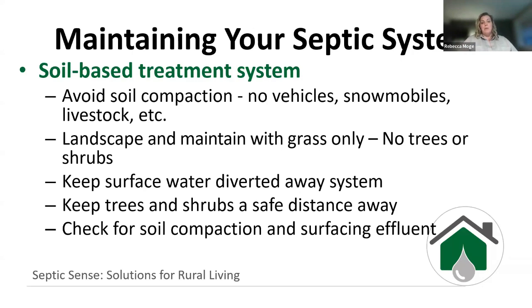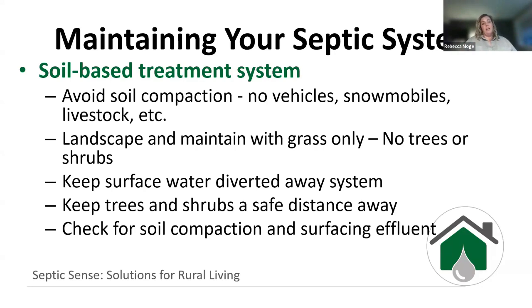Any trees or shrubs that we're planting, we want to keep a safe distance away. So a rule of thumb: however far out the branches will spread, that's estimating how big their root ball will be. So again, we want to keep that away from the septic system so that those roots don't end up infiltrating our laterals and our pipes and things like that.